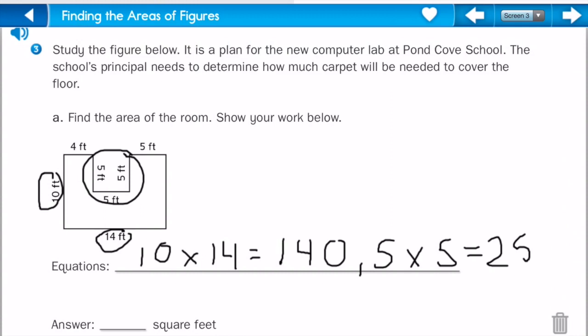If I didn't subtract it, then my area would be off. So I'm going to take 140 minus 25, and that equals 115. So I know my answer is 115.